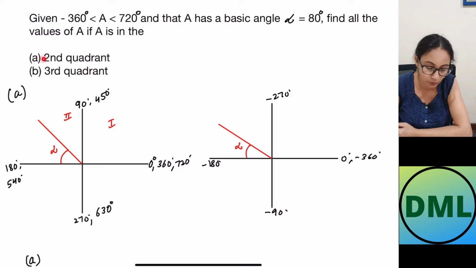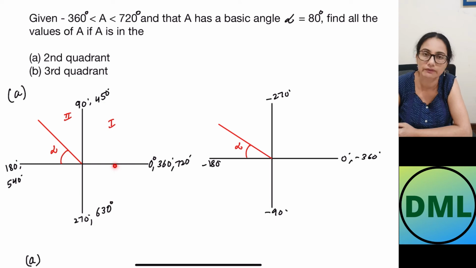First we will write down all the answers in the second quadrant within my range of minus 360 degrees to 720 degrees. First I will pick 720 degrees. If I start from 0, I cover 360 degrees with a full round, then to reach 720 degrees I have to take one more round.